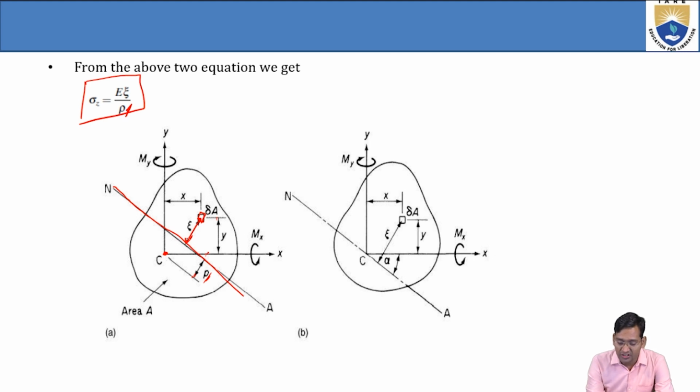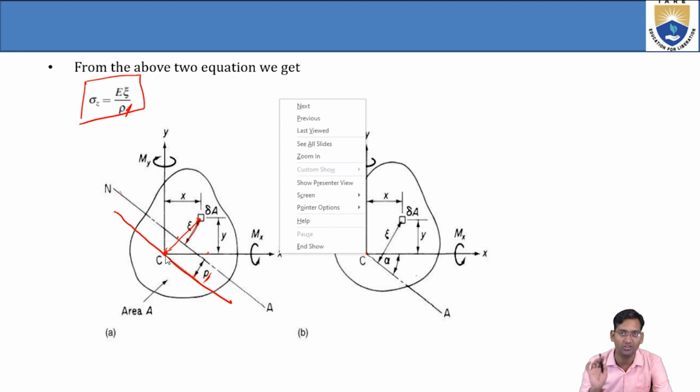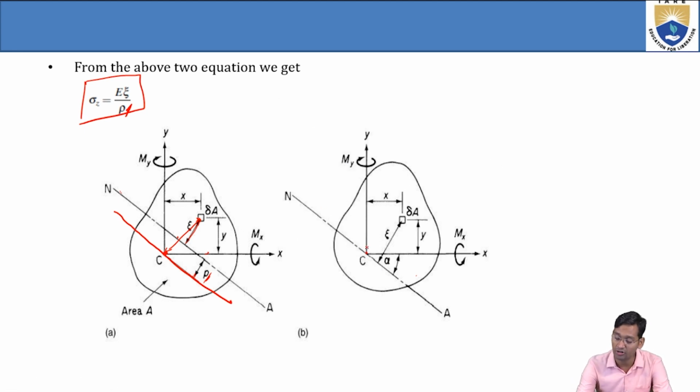Now shift this neutral plane to the origin. Earlier the neutral plane was here, right? Now just shift the C here, so this is now the neutral plane, and from the neutral plane we take the distance zeta. That is the second case. Now the neutral plane passes through the origin. From the neutral plane to this point the distance is zeta, and from here the axis is at a distance y, at a distance x, and the neutral plane is at an angle alpha.